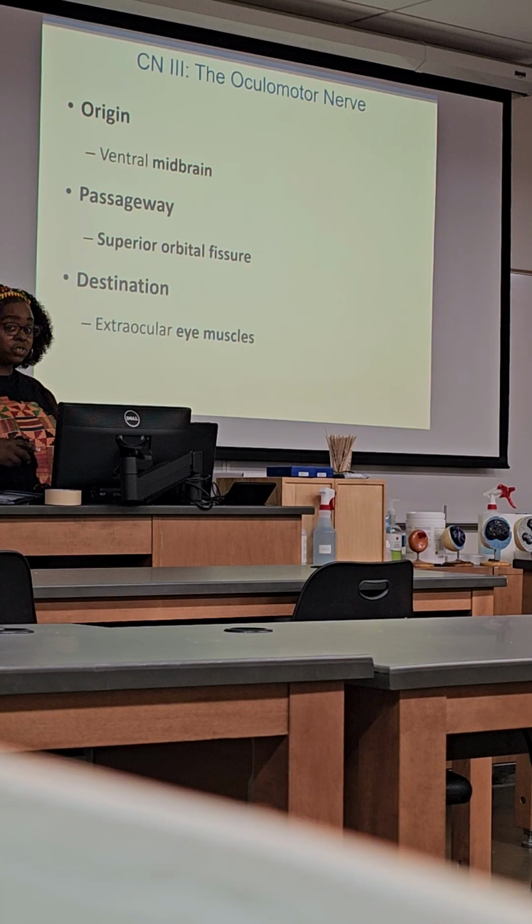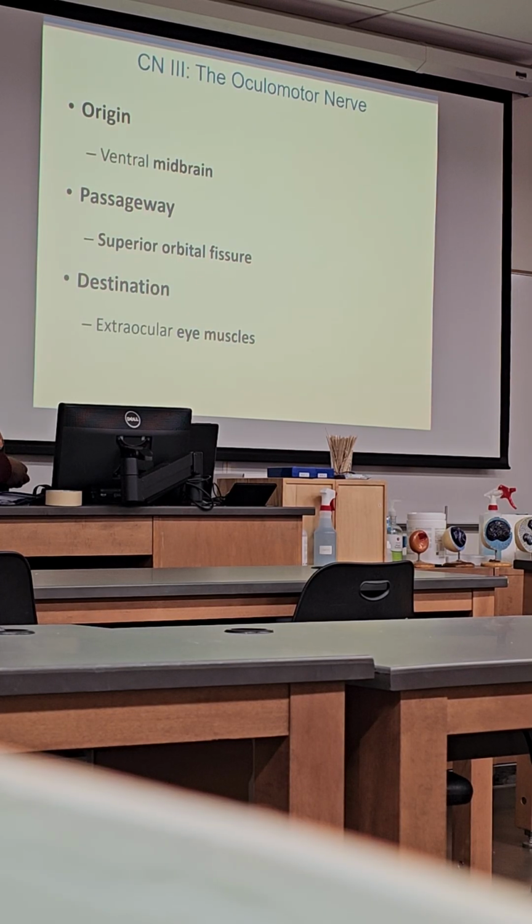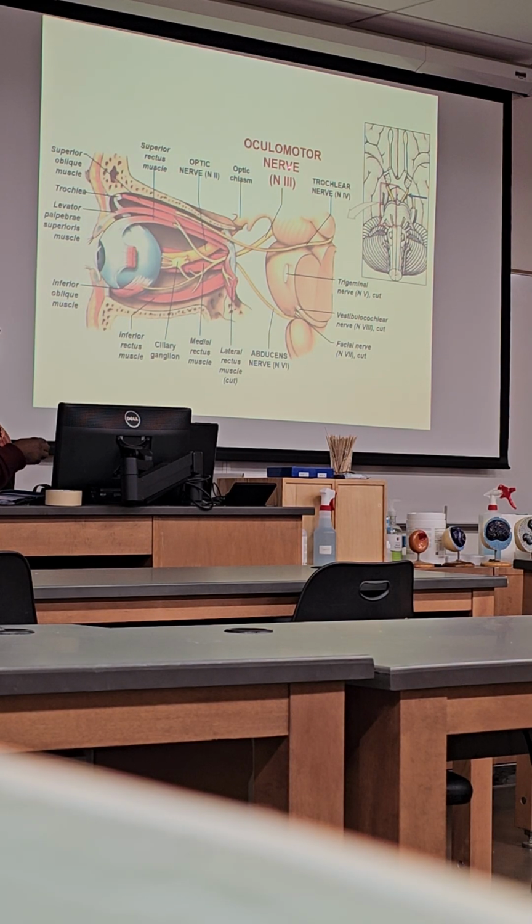Now, for motor control, motor neurons originate in the central nervous system. That means their cell bodies are there. The cell bodies for the oculomotor nerve are at the midbrain. Their axons converge and go through the superior orbital fissure and head out to those eye muscles. So here, the oculomotor nerve is originating at the midbrain.